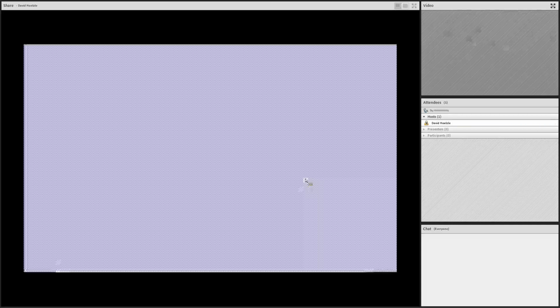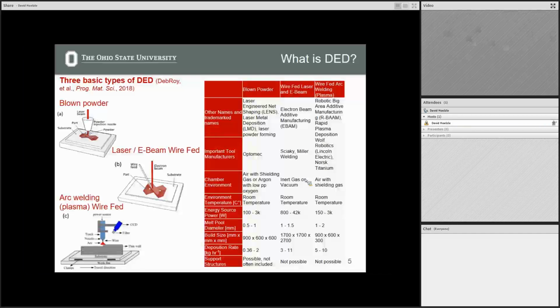Okay. So I showed this table. We went through powder bed fusion, and I created another one. We look at the differences and also talk about some naming conventions, important companies, etc. So with the blown powder systems, the most commonly used term is LENS, laser engineered net shaping.